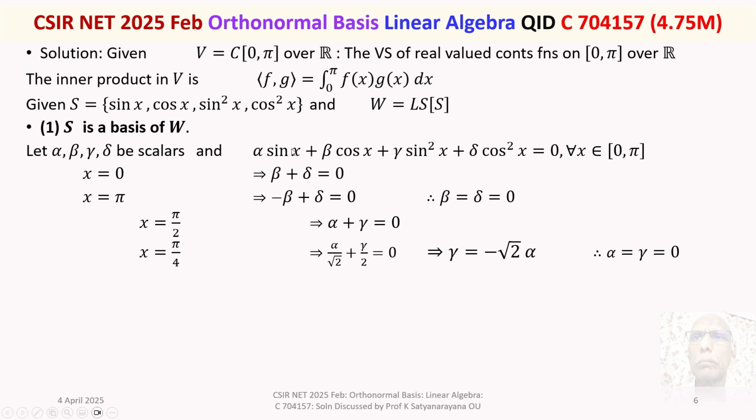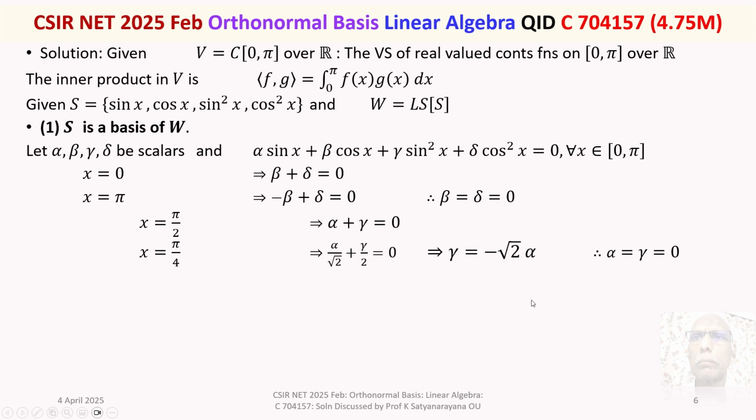Therefore, we take only alpha sin pi by 4 plus gamma sin square pi by 4 is equal to 0. That is alpha by root 2 plus gamma by 2 is equal to 0. This will imply gamma is equal to minus root 2 alpha. Alpha plus gamma is equal to 0. Gamma is equal to minus root 2 alpha. From these two, solving for alpha and gamma, we get alpha is equal to gamma is equal to 0.